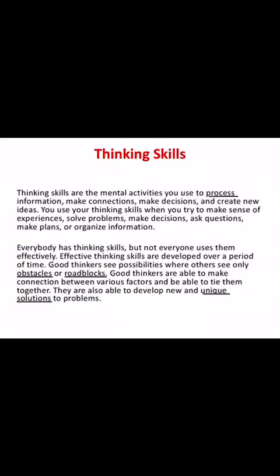Good thinkers are able to make connections between various factors and be able to tie them together. And they're also able to develop new and unique solutions to problems. So you have to connect all the input you have, all the data you have together in order to come up with a new and effective conclusion.